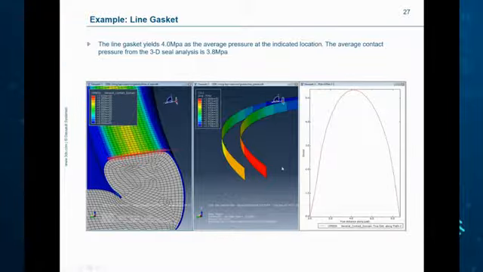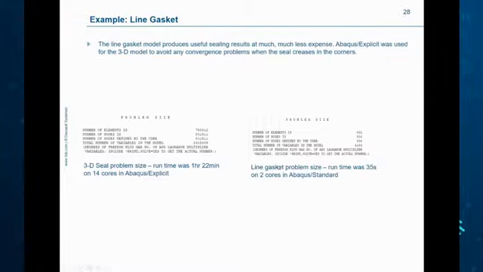Okay, so here's the amazing thing. The line gasket model produces this useful sealing result at much, much less expense. Abaqus Explicit was used for the 3D model, as I said, to avoid the convergence problems in Abaqus Standard when I formed these creases. And here you can see on the left, the 3D seal problem ran in 1 hour, 22 minutes on 14 cores.